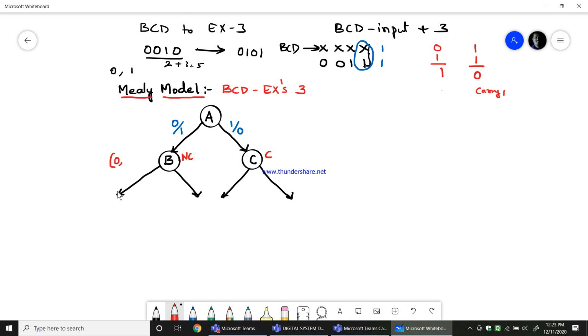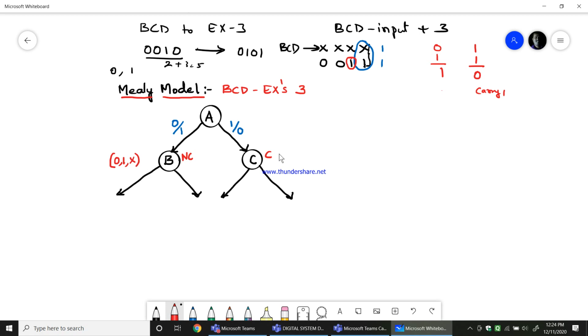The input which I will be adding for 0 is the next 1, whereas the third bit here would be don't care. Don't care in the sense that the input can be either 1 or 0, so I will have don't care here.